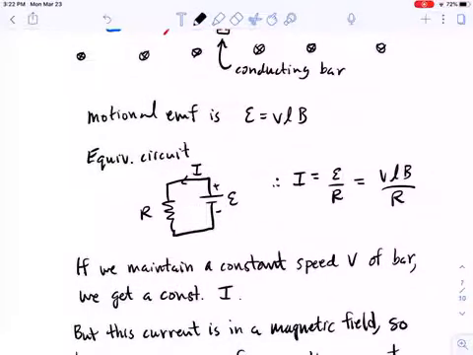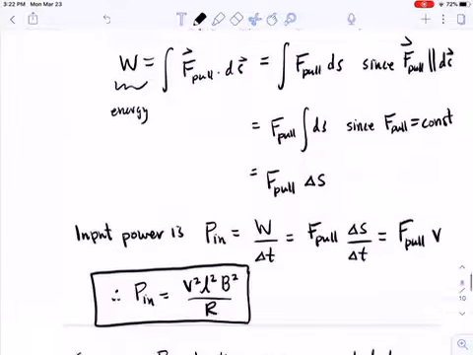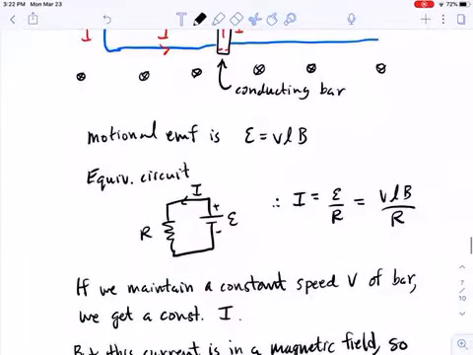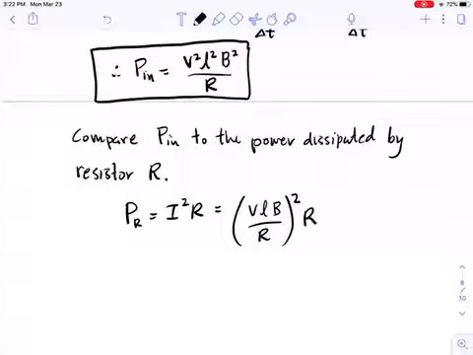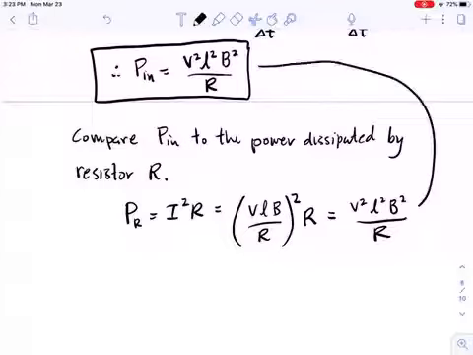It's v L B divided by R. Okay, so current is v L B divided by R, and then we're going to square it, and then we're going to multiply by R. And so what we get is v squared, L squared, B squared, and then R divided by R squared is just 1 over R, and these expressions are exactly the same.